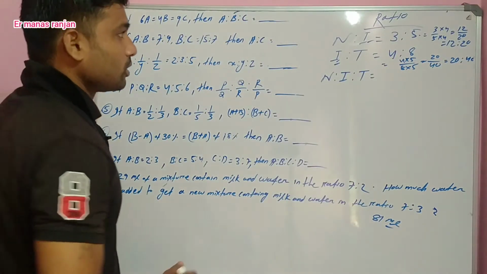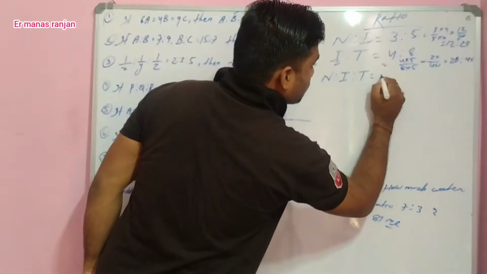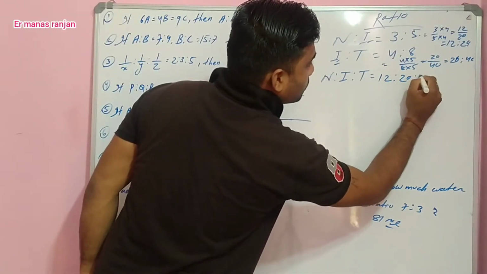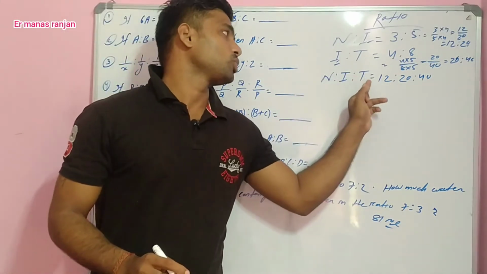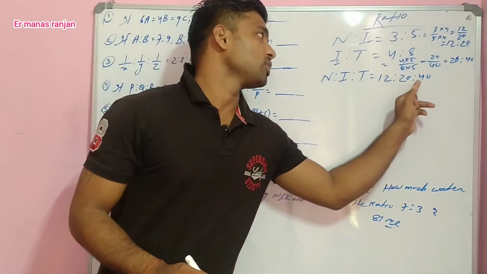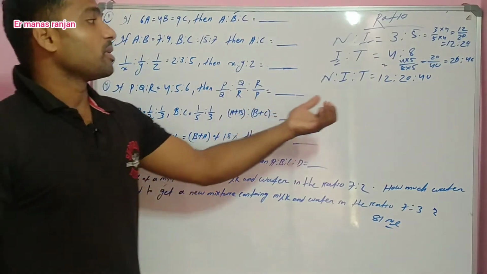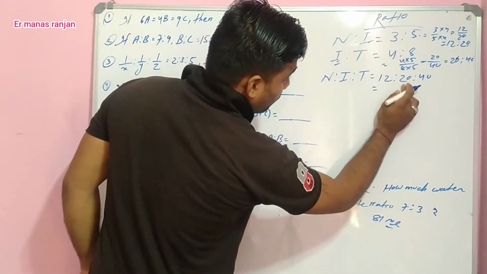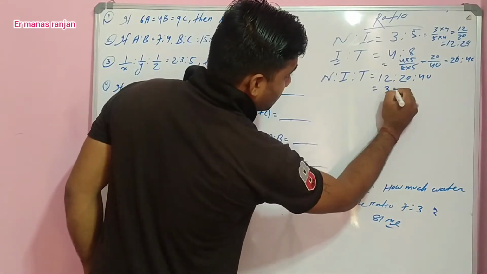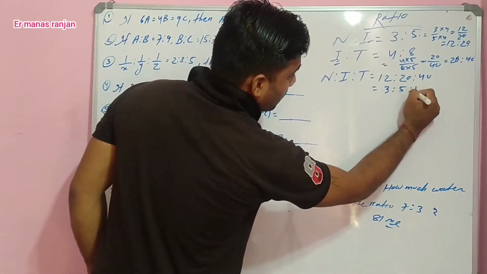So the same: 12 is to 20 is to 40. Nisit is to Isant is to Trishna is 12 is to 20 is to 40. It may also be written in the simplest form: 3, 5 and 10.